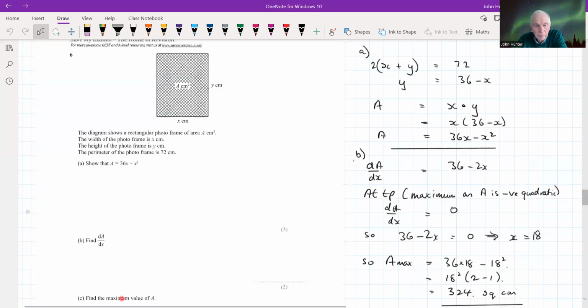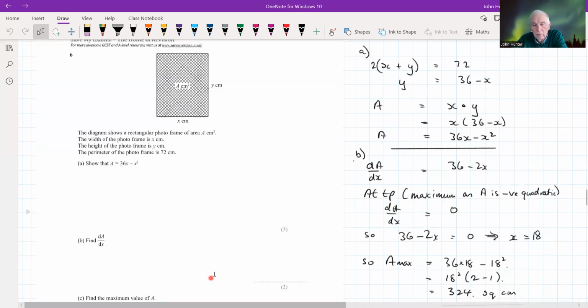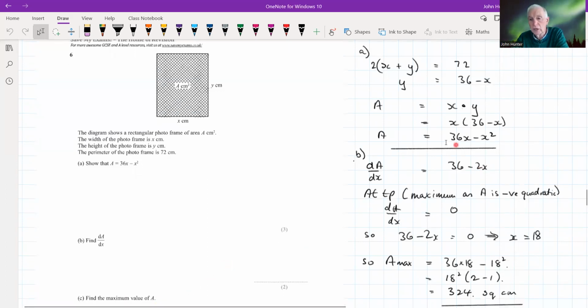And now we go on to say find the maximum value of A. This function here is a negative quadratic, so it's shaped like a hill.